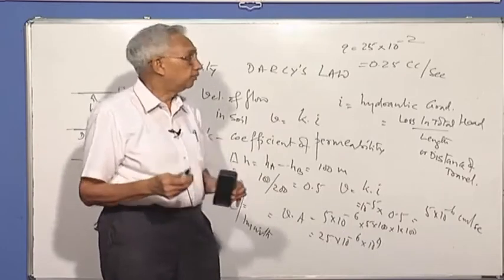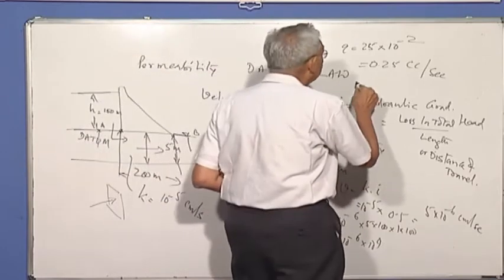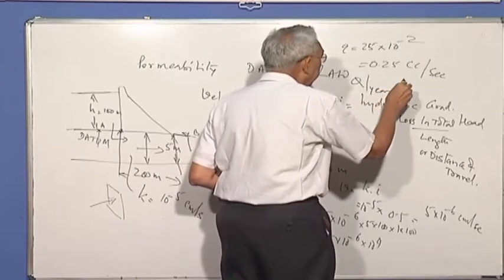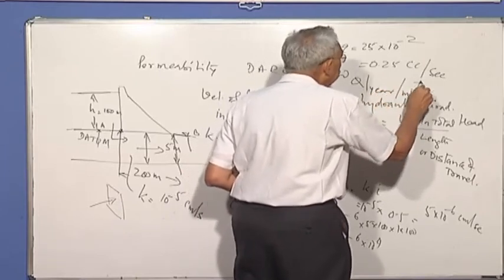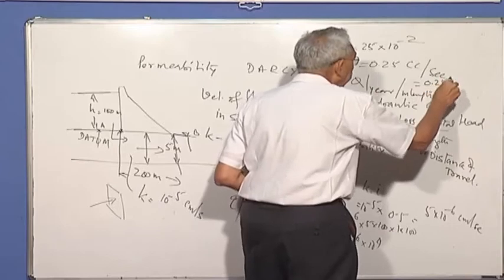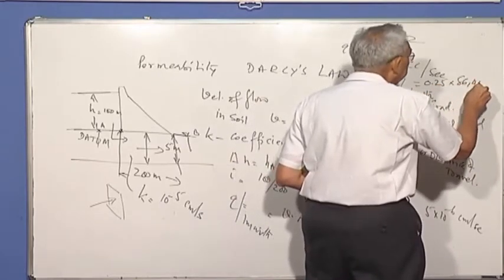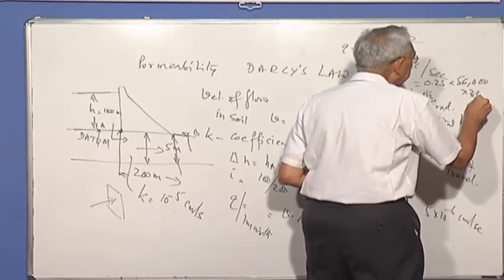Now you don't calculate per second, you may have to calculate what will be cubic centimeters per year per meter length, which means this 0.25 into, in a day you have 86,400 seconds into 365 days.